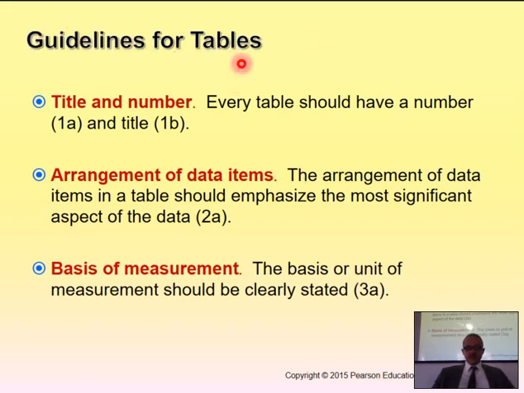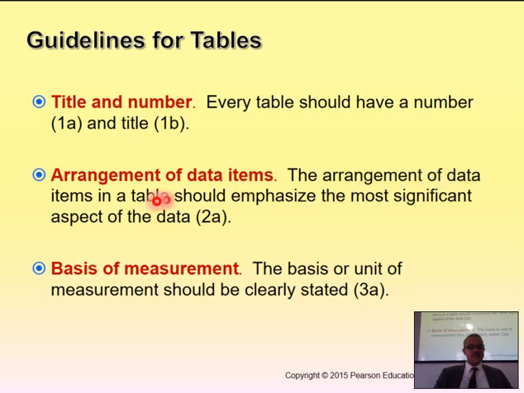Guidelines for the tables. When you do a table, every table has a title and number. Do you know what a title and number is? Like this is table 10, the number. Every table should have a number, like 1A, and a title, 1B. Arrangement of data items.